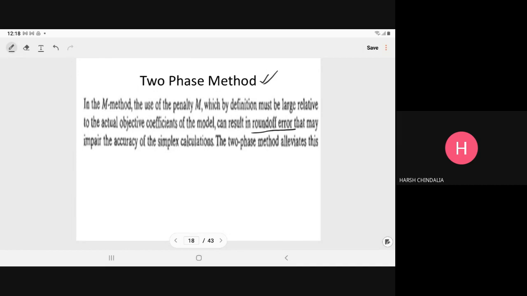Then the two-phase method will overcome all these difficulties, right? Means with the help of the two-phase method, you do not have to bother about what value of M we should assign in the problem. So what is the two-phase method?